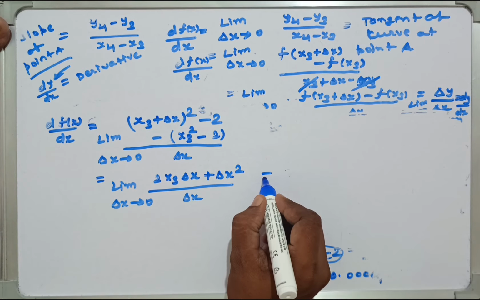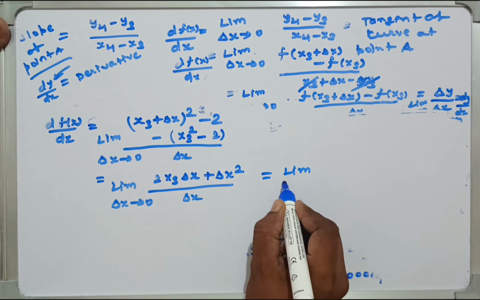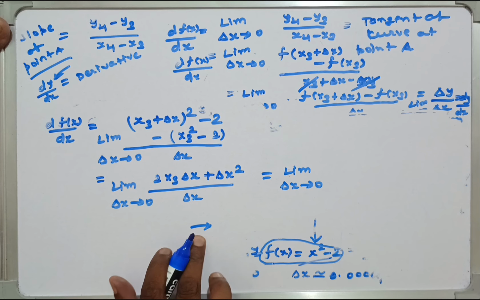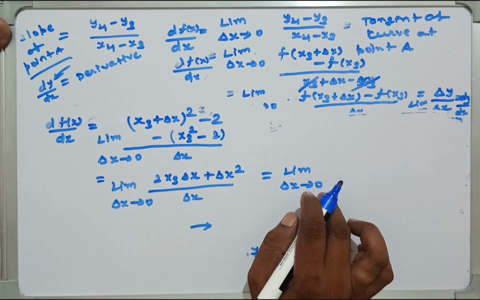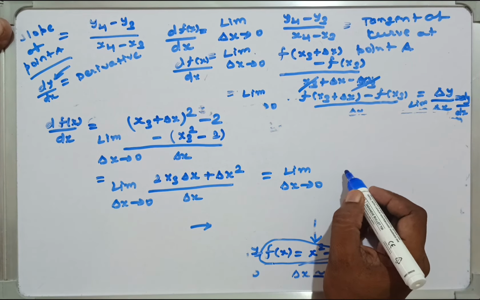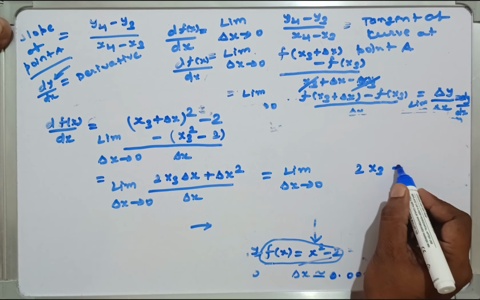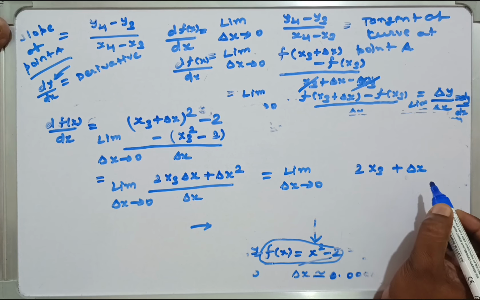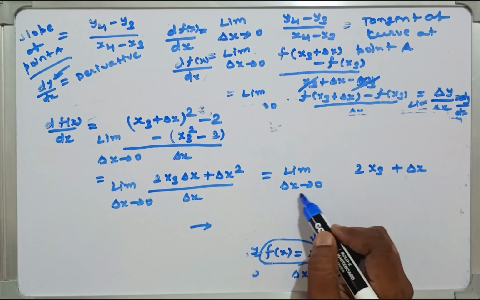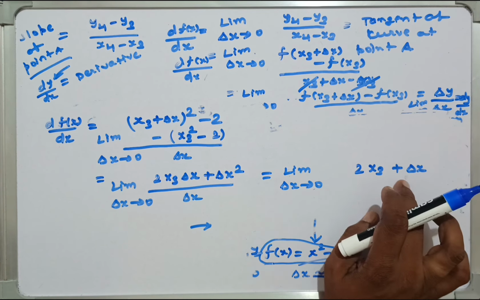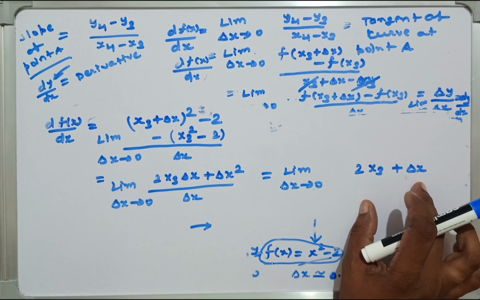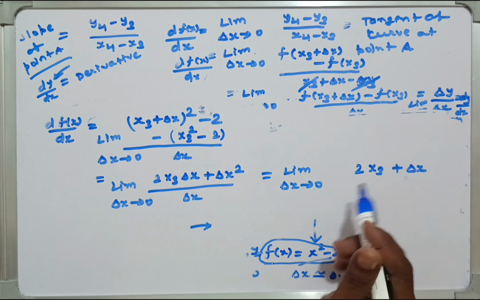So you write it as limit delta x tending to 0. This arrow sign is known as tends to, and here we write 0. So we can also write it as 2x3 plus delta x. If delta x tends to 0, it means delta x is so small it is not going to make any change to this.